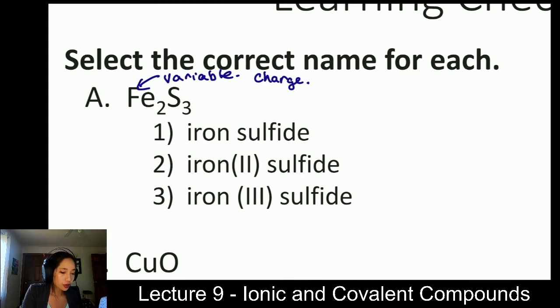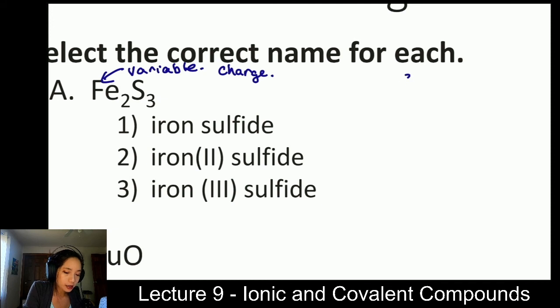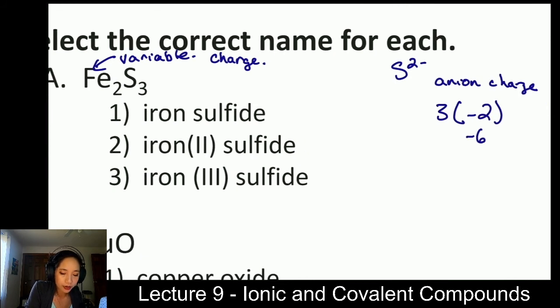I know the charge for sulfur is 2 minus, so sulfur 2 minus, and there's three of them. So all of the anions, there's three sulfurs each with a 2 minus charge, so overall there is a -6 charge. So iron, I don't know the charge. I know it's positive. It has to be positive.